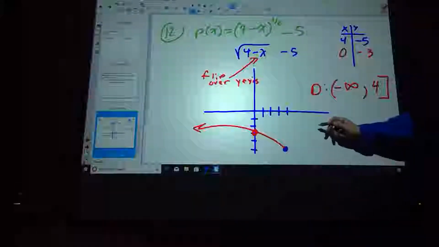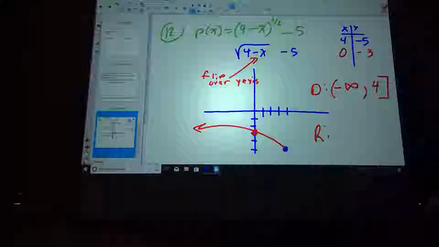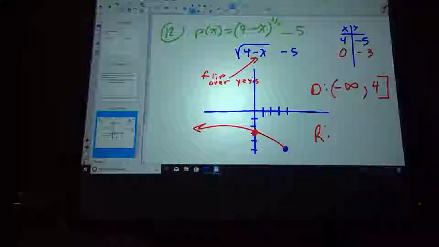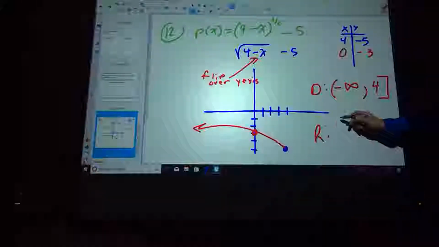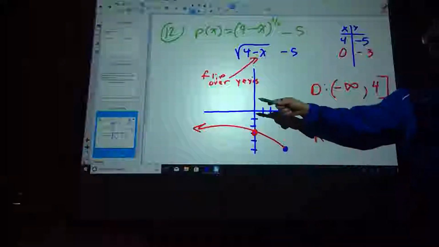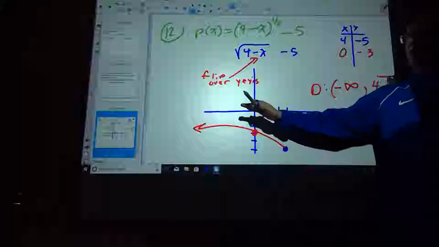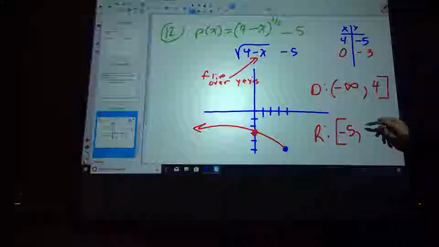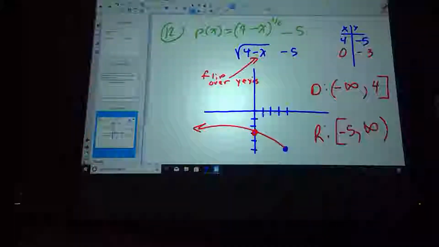If we figure out the range, what's my lowest value in the y direction? Negative 5, so square bracket. And this graph is actually growing to infinity as well. It just advances faster to the left than it does up.